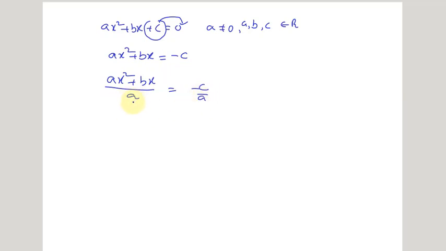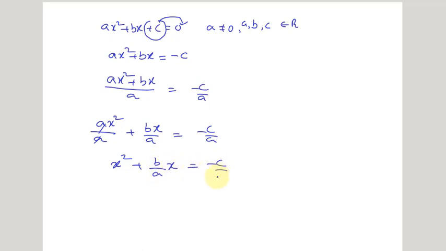I am applying this denominator to individual terms of the numerator, so this can be written as ax square by a plus bx by a is equal to minus c by a. Here a gets cancelled, so this can be written as x square plus b by a into x is equal to minus c by a.